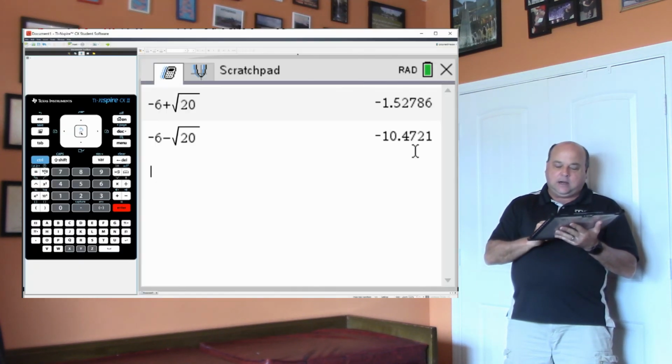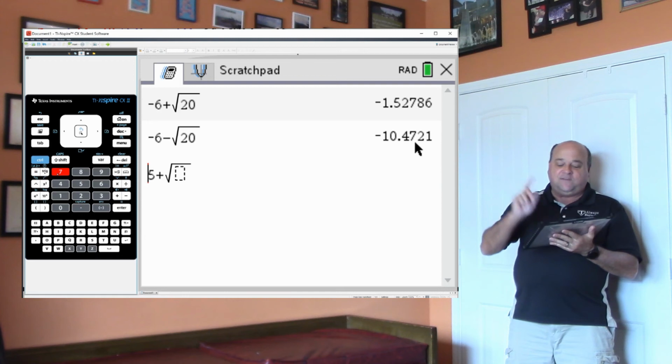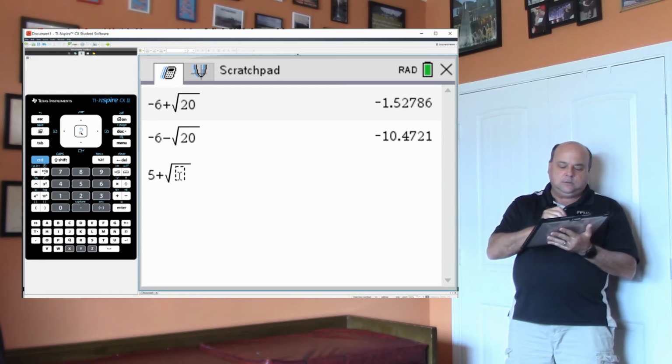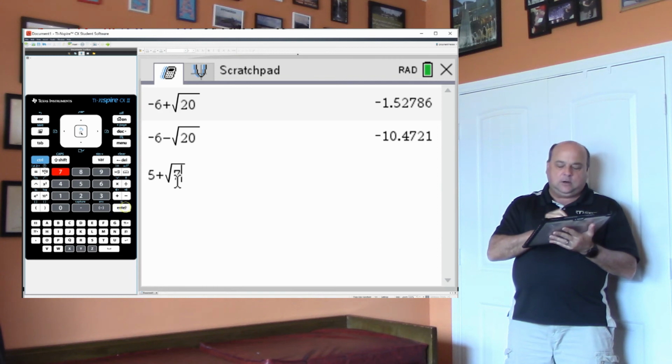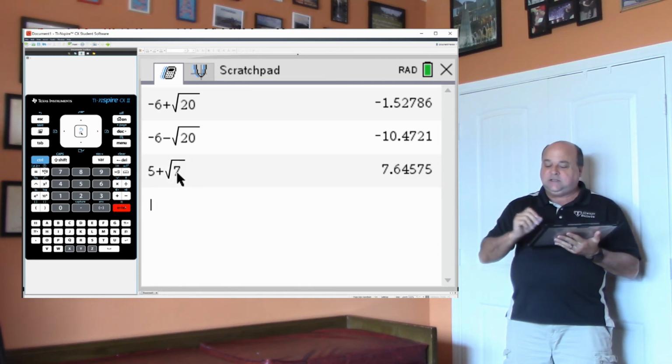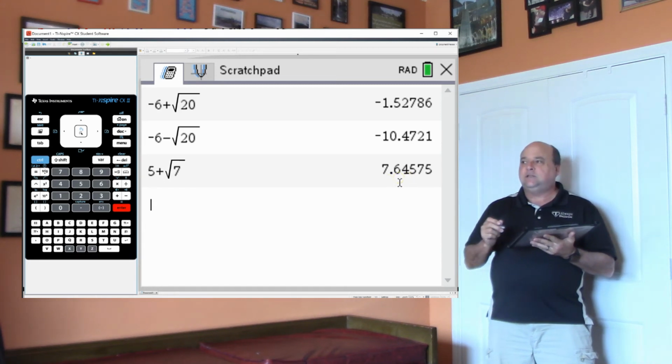Now then, let's go to the calculator and do 5 plus the square root of 7. So 5 plus the square root of 7, hit enter, and it's going to be 7.6 and we're going to take the 4 and round it to 5, right? So 7.65.